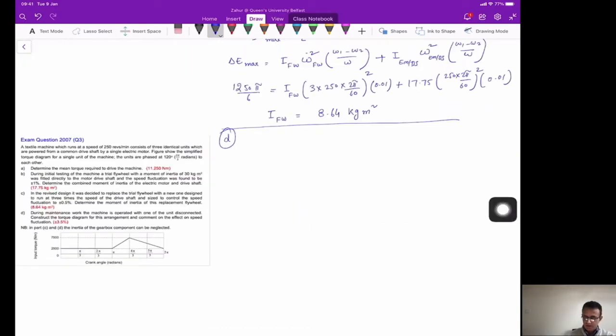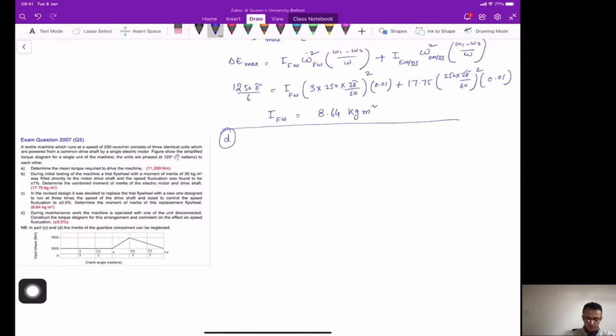Now we need to solve part D here. In part D, it's saying that during maintenance work, the machine is operated with one of the units disconnected. So you disconnect one of the units here. Construct the torque diagram for this arrangement and comment on the effect on speed fluctuation.